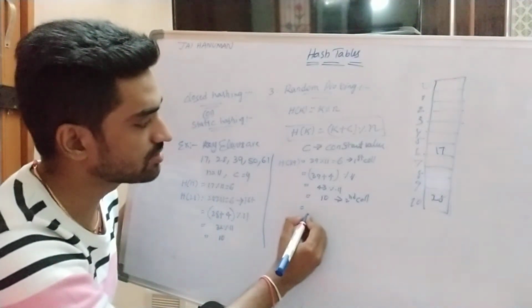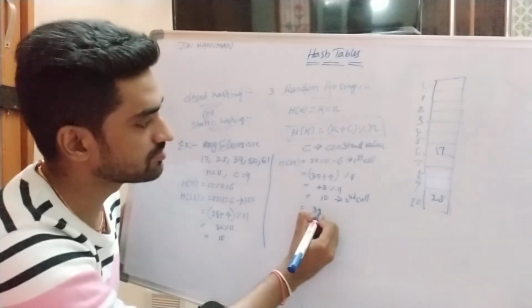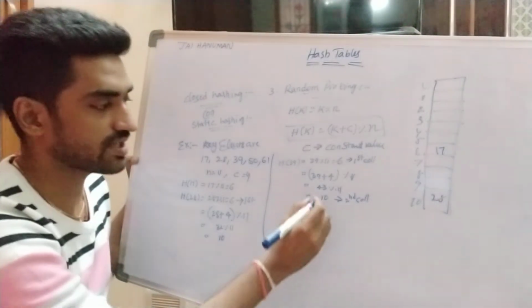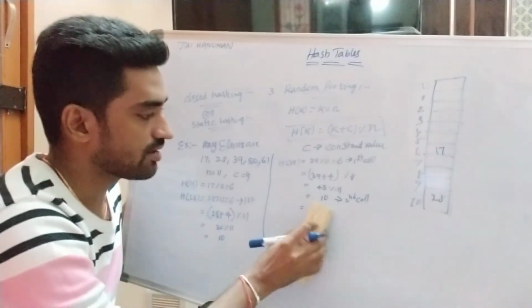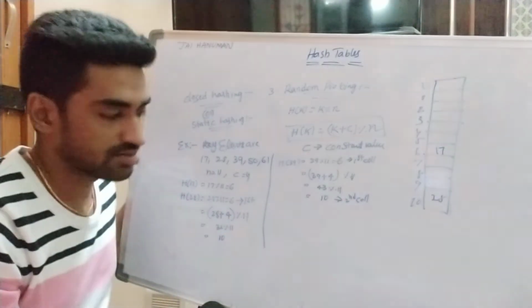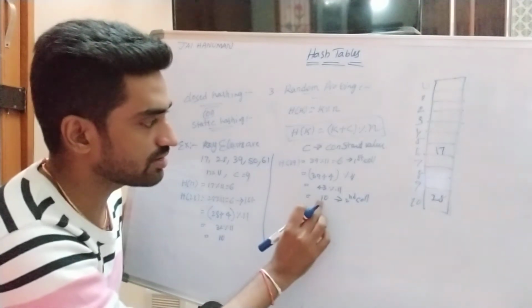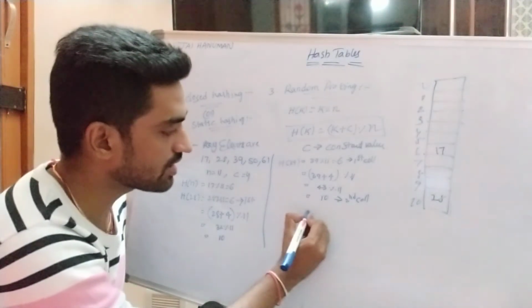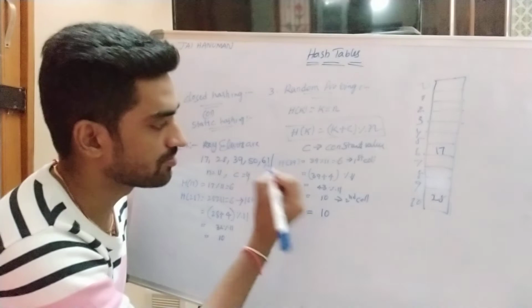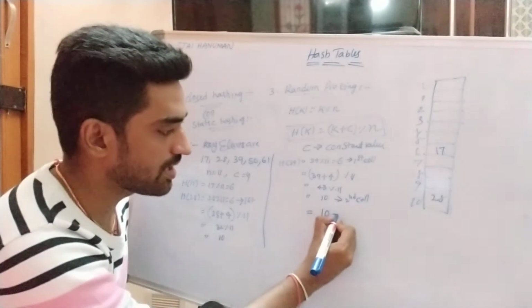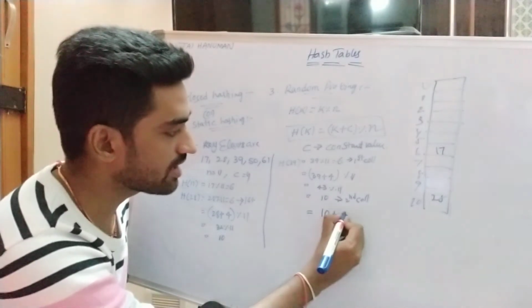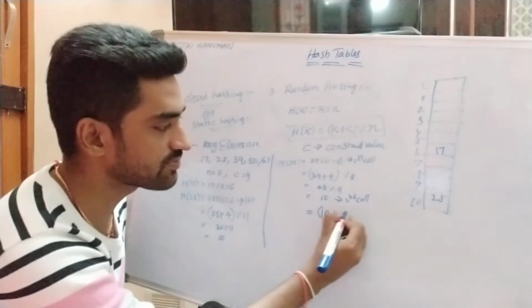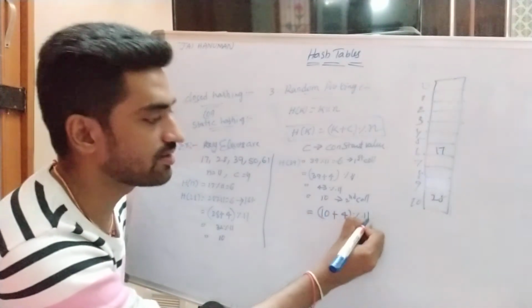So again we are applying random probing. So the second collision has occurred. So here I am simply taking the second collision output value, that is 10, plus the constant value 4, modulo division of 11.